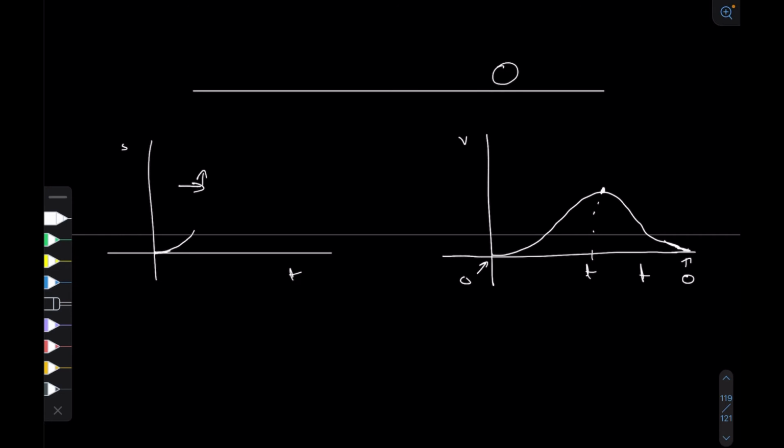This is time, and let's say this is some time t at which it has reached maximum velocity. It starts out as a flat line, then increases, and at t it is the steepest it has gotten. The reason is that when velocity is maximum, there is the most vertical change for a particular horizontal change.